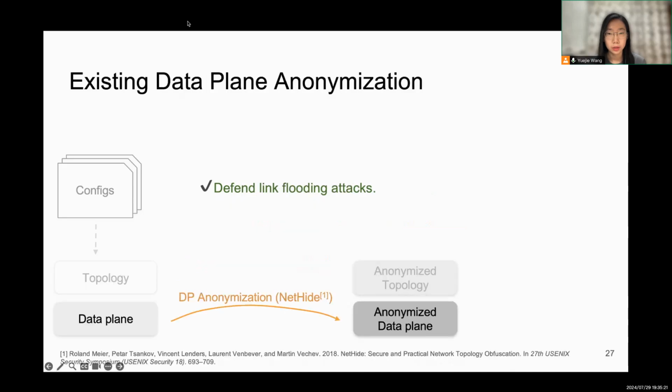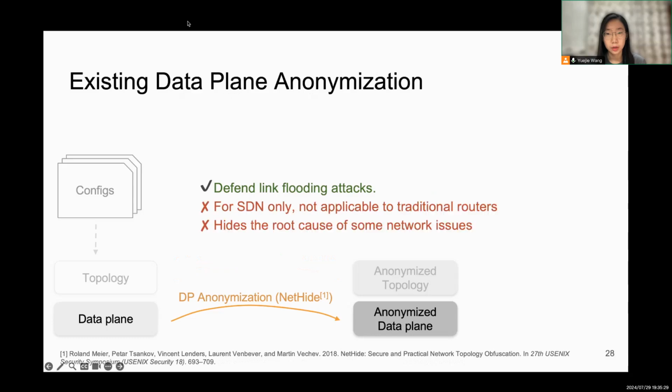For the data plane, a previous work called NetHide provides an obfuscation method for software-defined networks against link flooding attacks. But SDNs are much more flexible and programmable than traditional networks such as Cisco routers. And the root cause of some issues becomes hidden after NetHide obfuscation, which means this approach does not always apply to troubleshooting scenarios.